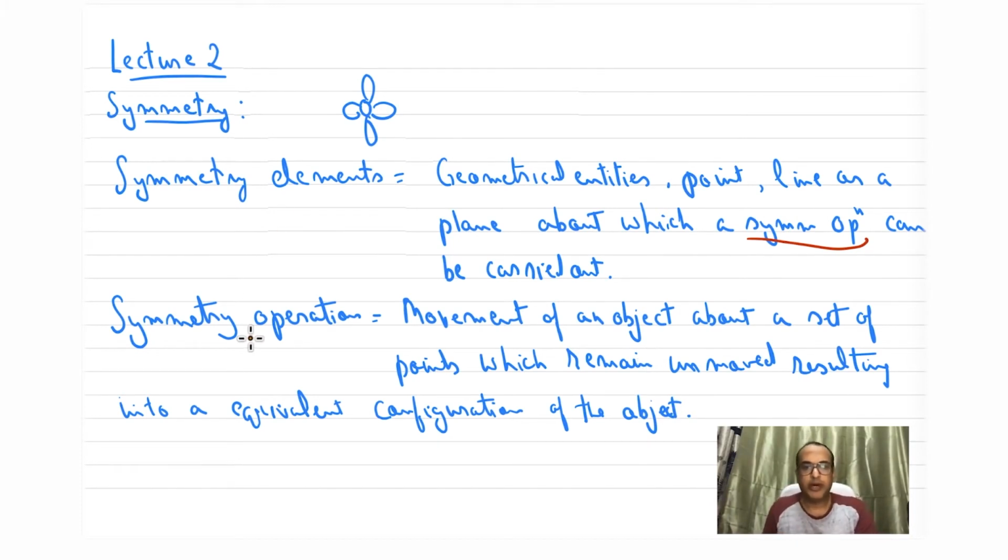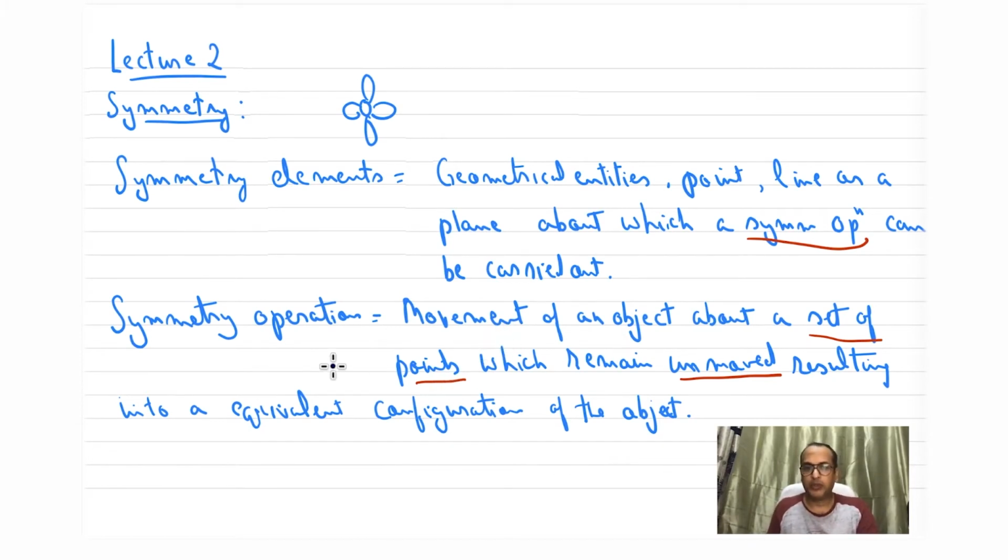So what is a symmetry operation? Symmetry operation is movement of an object about a set of points. Now these set of points, what are these set of points? A set of points which remain unmoved. Since these remain unmoved during the movement of an object, these are called symmetry elements.